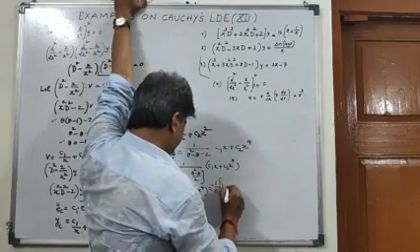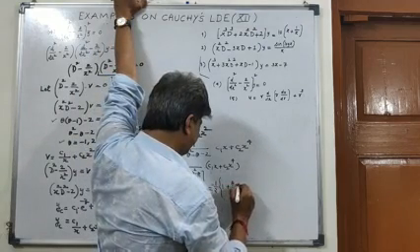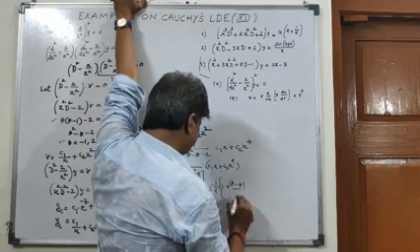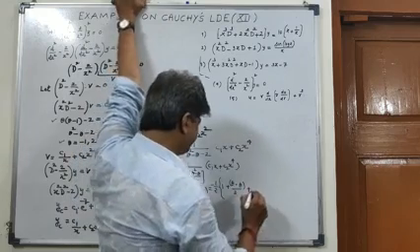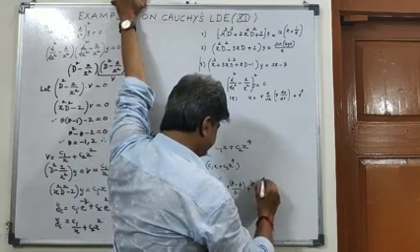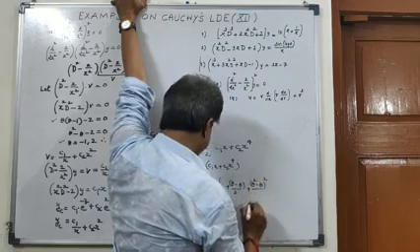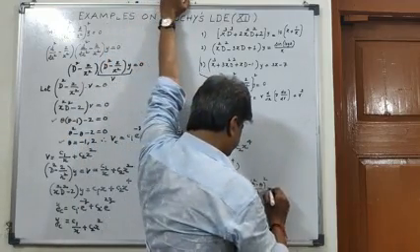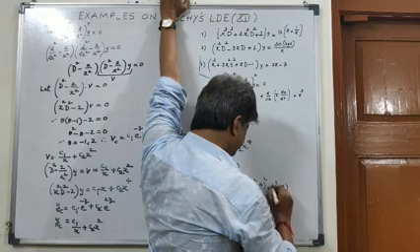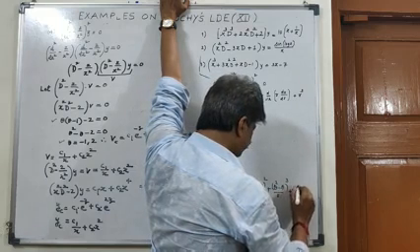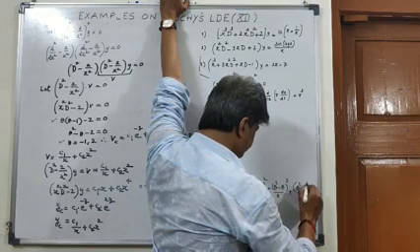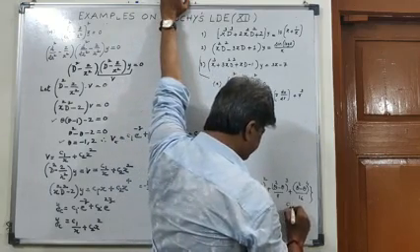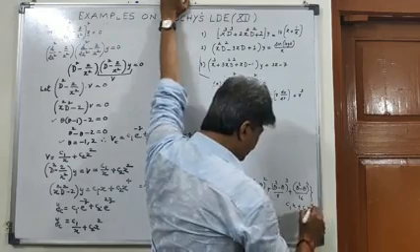So 1 plus theta square minus theta, square by, 1 plus x square, theta square by 4, plus x cube, operating on C1x plus C2x to the power 4.